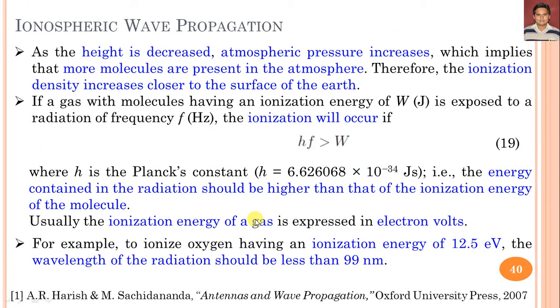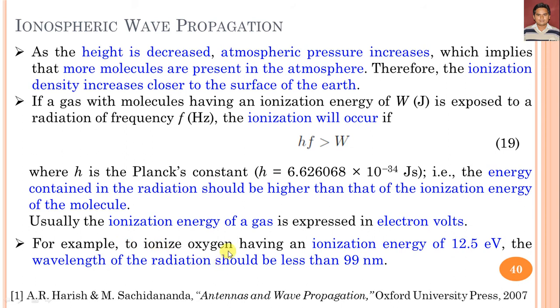Usually the ionizing energy of the gas is expressed in electron volts. So ionization occurs in an ionospheric layer only when this criterion is satisfied by the molecules, ions or electrons existing in the ionospheric layer.